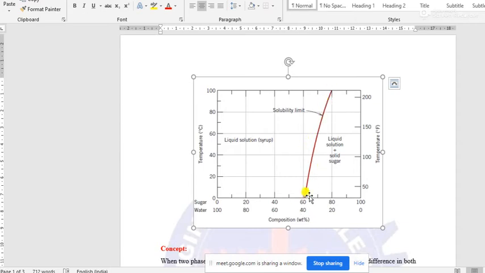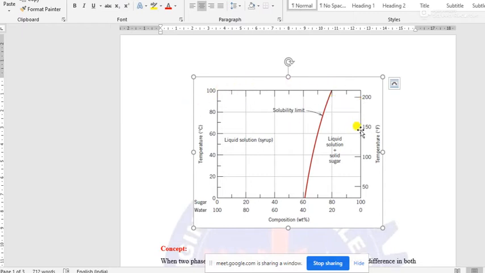At the temperature of 0 degrees Celsius, the solubility limit is 60 percent sugar by weight and 40 percent water by weight, and as the temperature increases, the solubility limit will also increase. This point represents the solubility limit at 100 degrees Celsius.